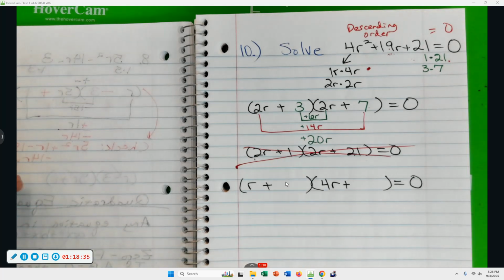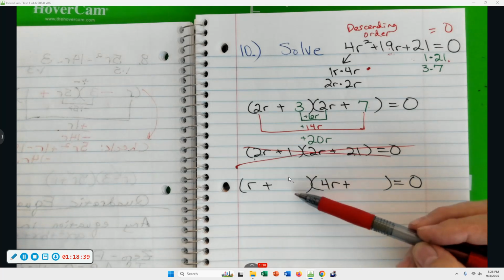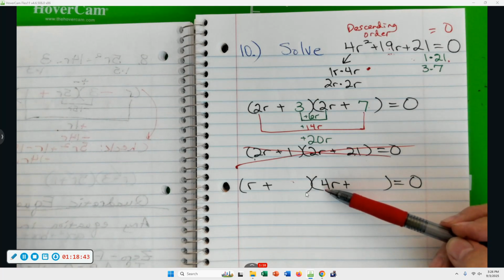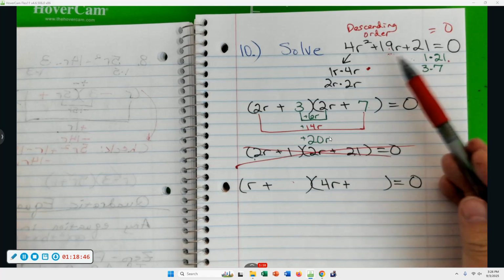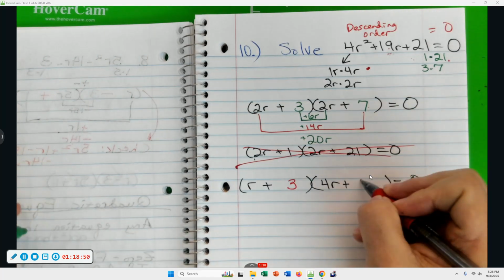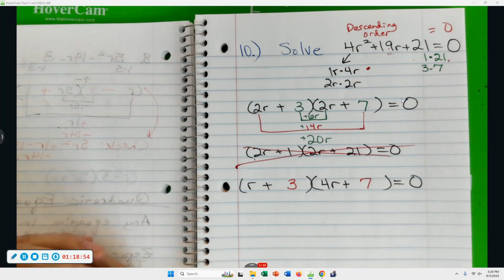Do you have a feeling, playing it out in your head? If we put the 7 there, 7 times 4 is what? 28? That's way too big. So if the 3 and 7 are going to work, it'll have to be like that. Now let's check.